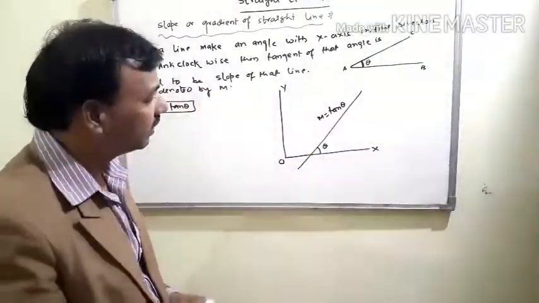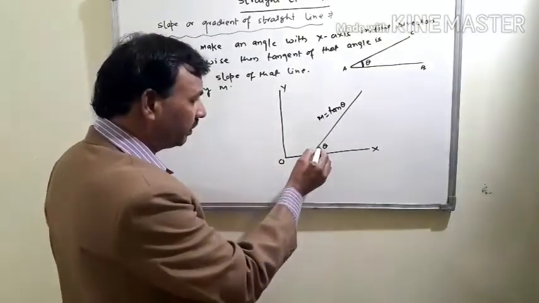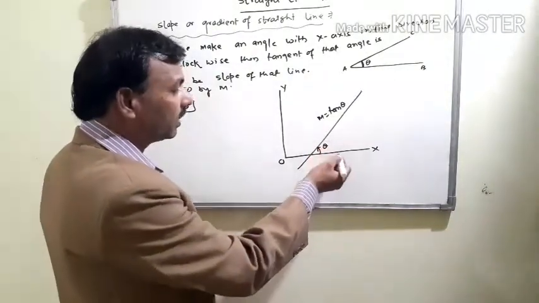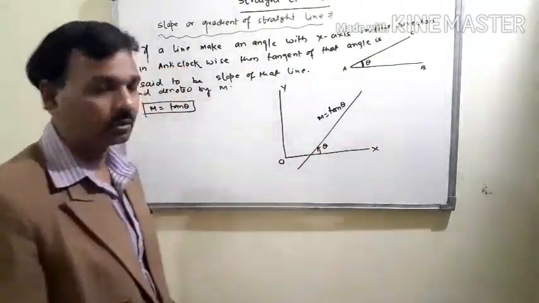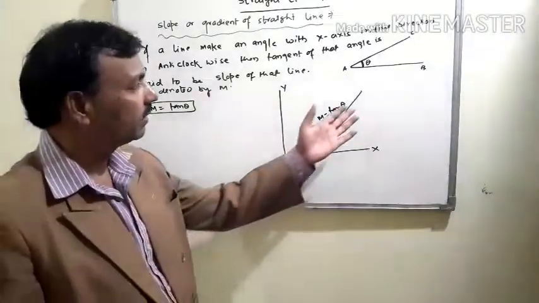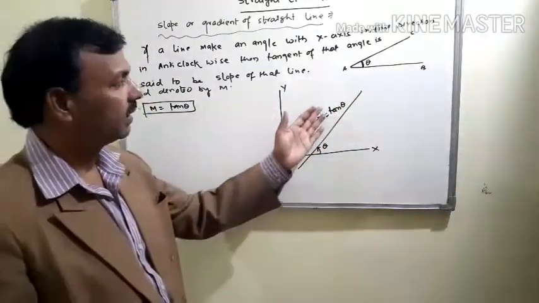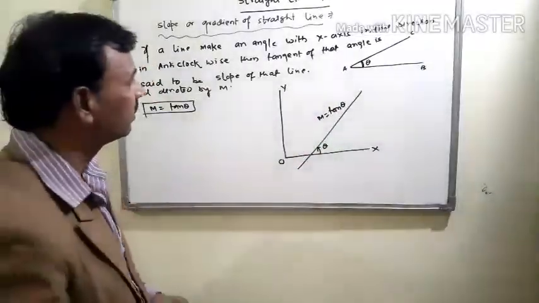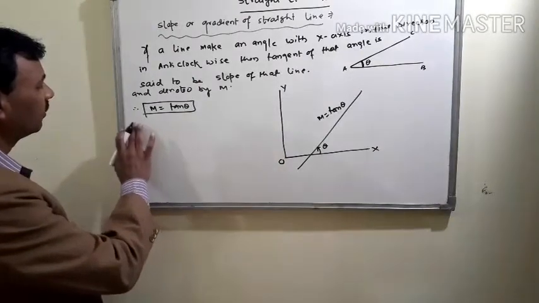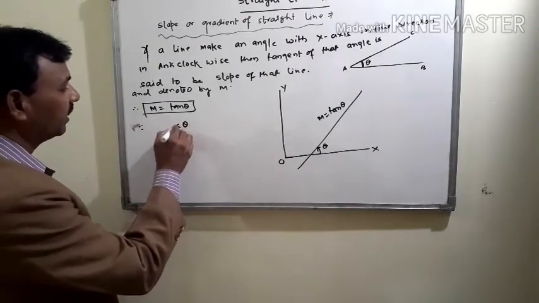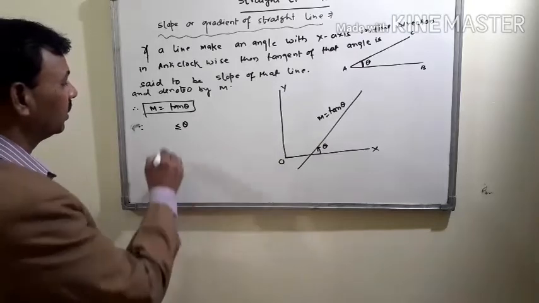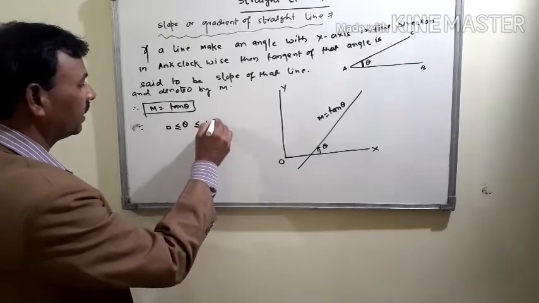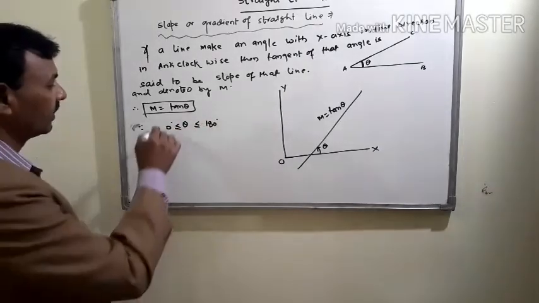You can see here this angle is in the positive direction and moves in the anti-clockwise direction also. So you can say that the slope of this line is m equals tan theta, since theta is greater than or equal to 0 and less than or equal to 180 degrees. This is the condition.